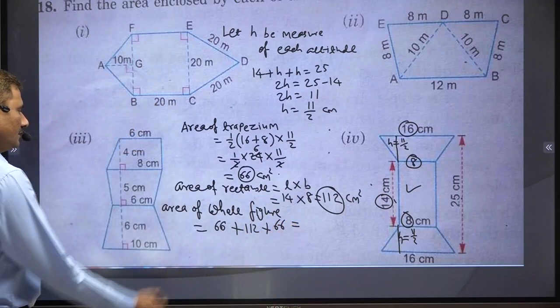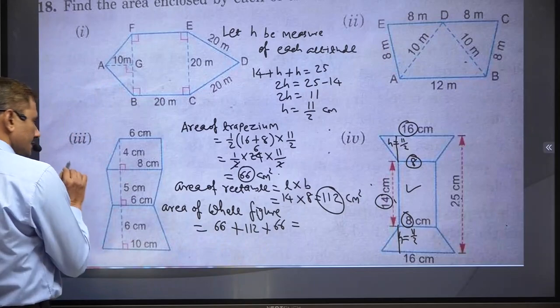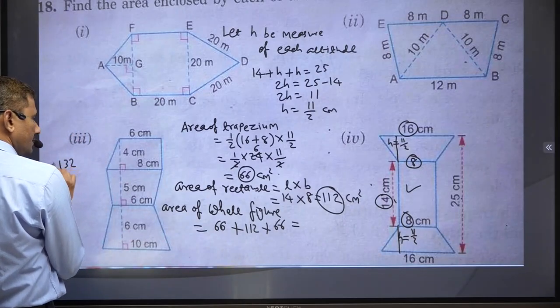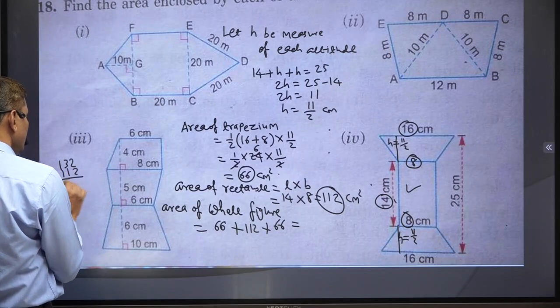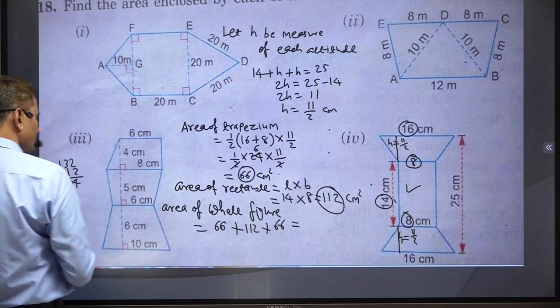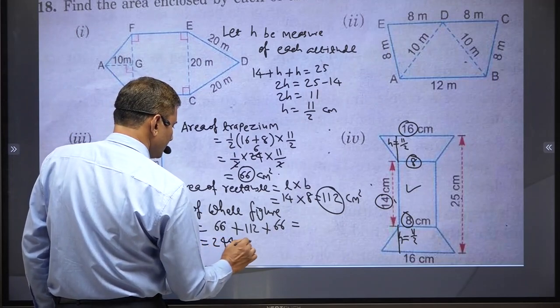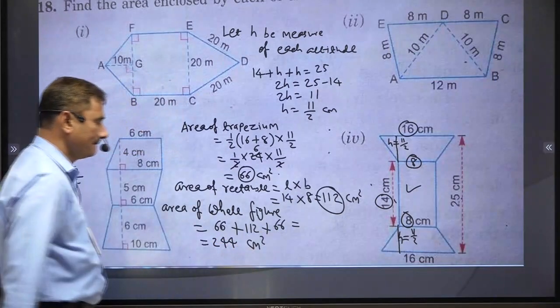So first of all, 66 plus 66: 6 and 6 is 12, then 132. Plus 112, so 244. So it will be 244 centimeter square.